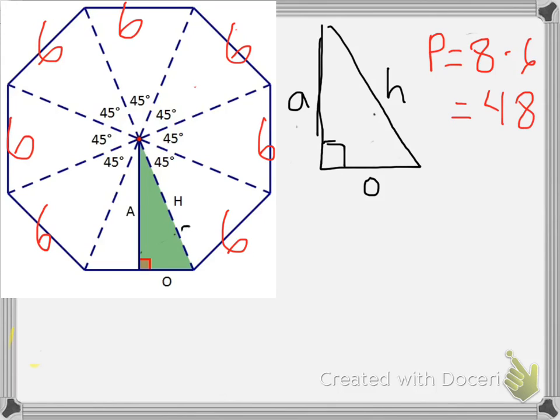So that saves us a lot of time. The other thing is, that means when we divide this in half, this is 3, and this is 3. So I'm going to put a 3 here. Remember, this was 22.5 degrees. So what I need still is A.